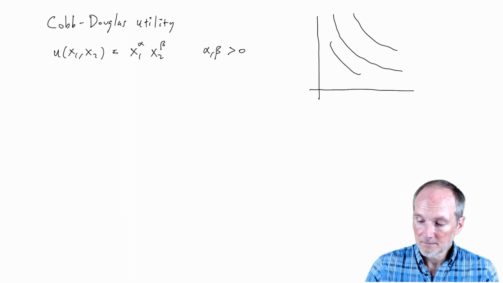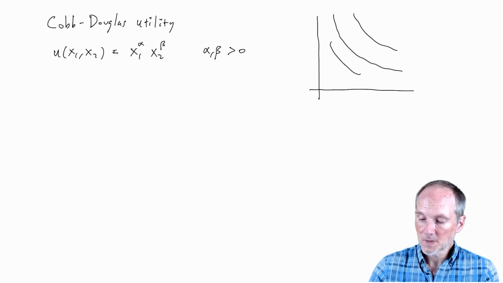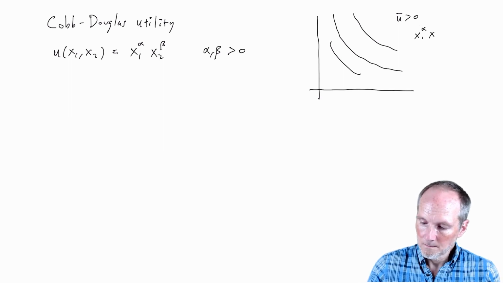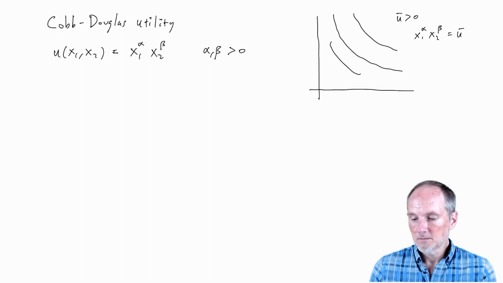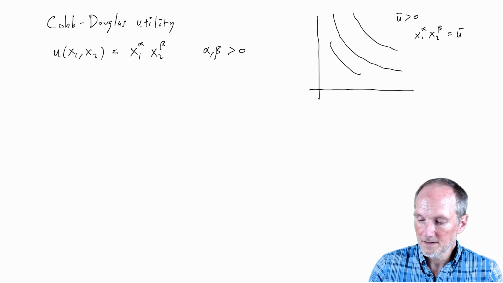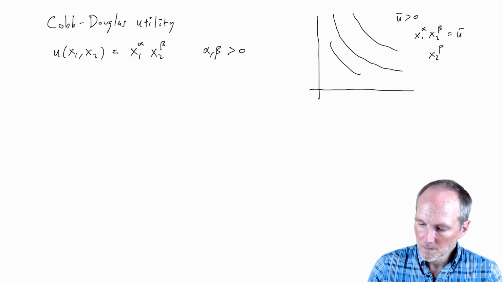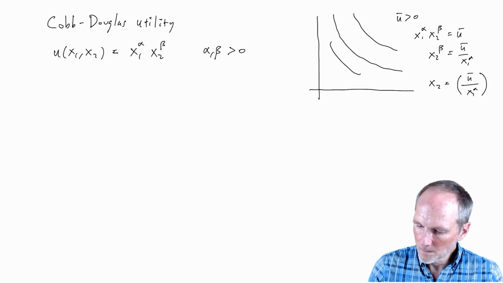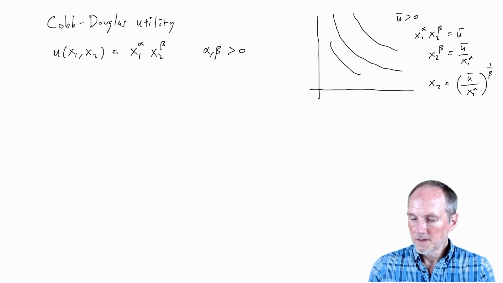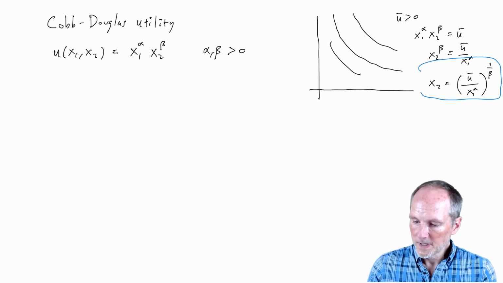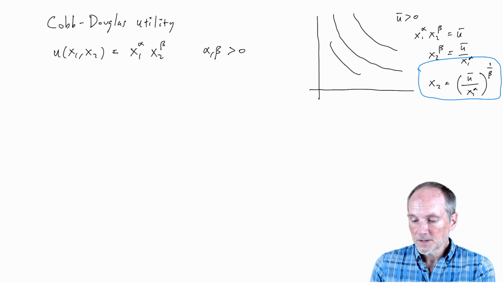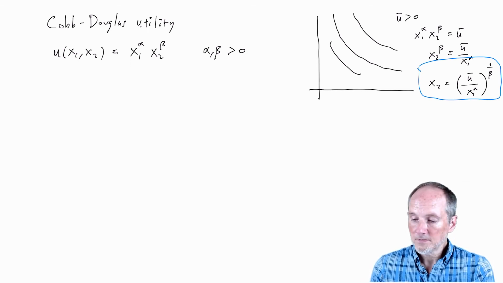And you can actually see that because if you take a positive number and ask what are the x1, x2 pairs that achieve that utility, well, if we write x2 in terms of x1 to get a functional relationship, then this is our formula for the indifference curve corresponding to utility level U bar.